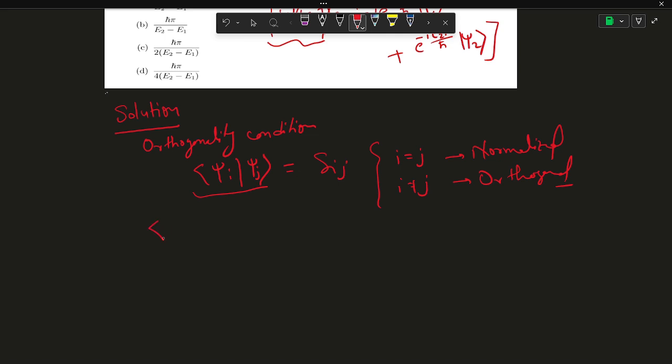The inner product of psi(t=0) with psi(t) should be 0.